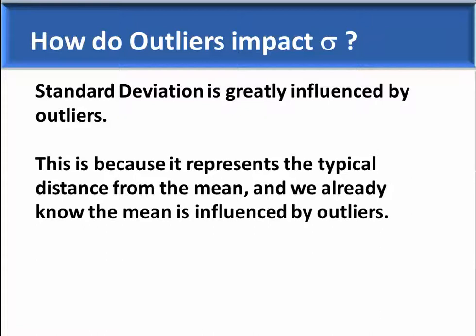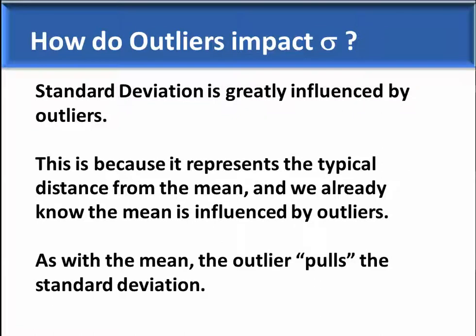So it's almost like propagating an error. If you make a mistake at one point, all your work becomes further and further away from the correct answer. The same thing is kind of true here. Because the mean is impacted by the outliers, anything calculated based on the mean will also be impacted. And as with the mean, the outlier would pull the standard deviation. So if the outlier is on the high end, it's going to influence the standard deviation in that direction.